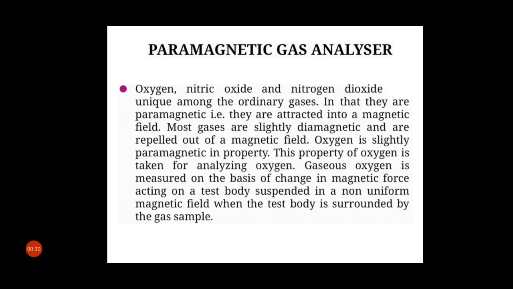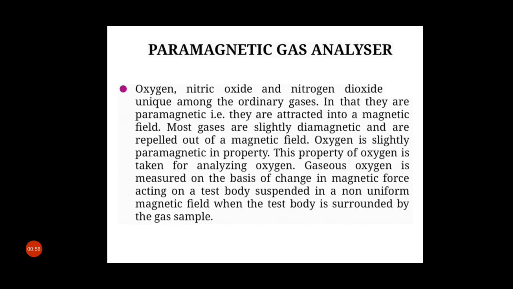First of all, I will discuss what the paramagnetic property is. We know there are certain gases like oxygen, nitric oxide and nitrogen dioxide that are unique in nature among the ordinary gases.